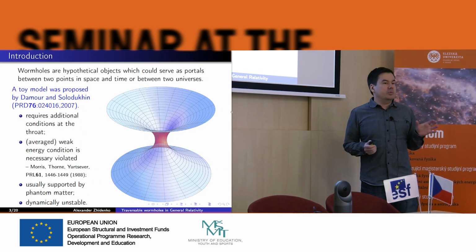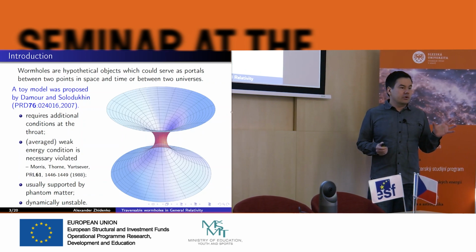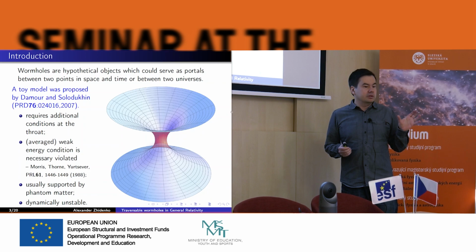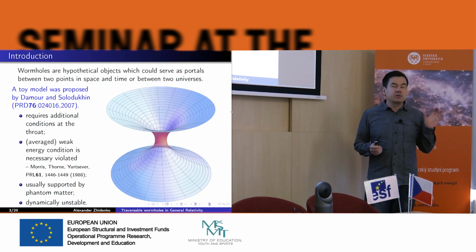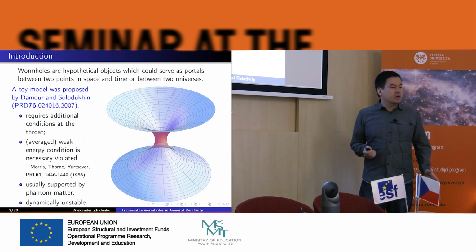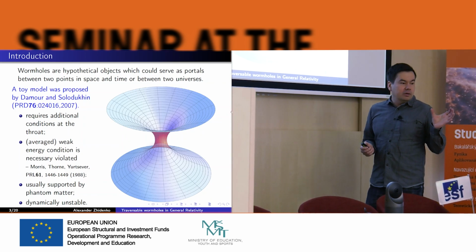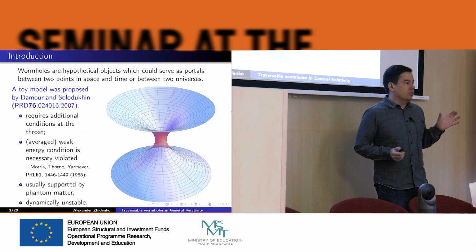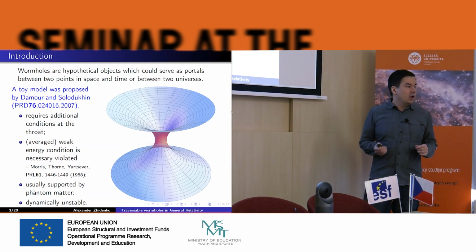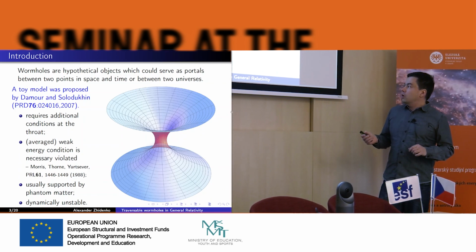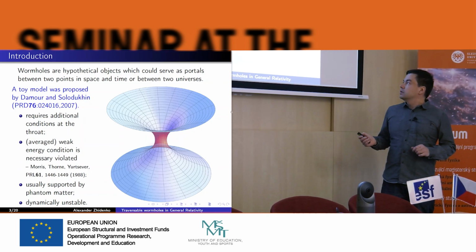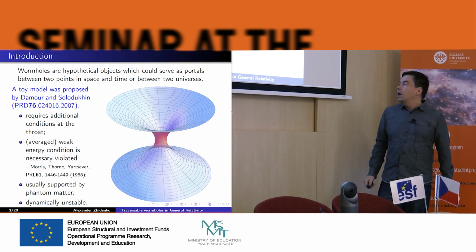At some moment, we see that area of this sphere does not decrease, but starts growing. There is some point where we have minimum, let's say, area of this sphere, and this is what we shall call the throat. And after that, we are going to actually to another space-time.